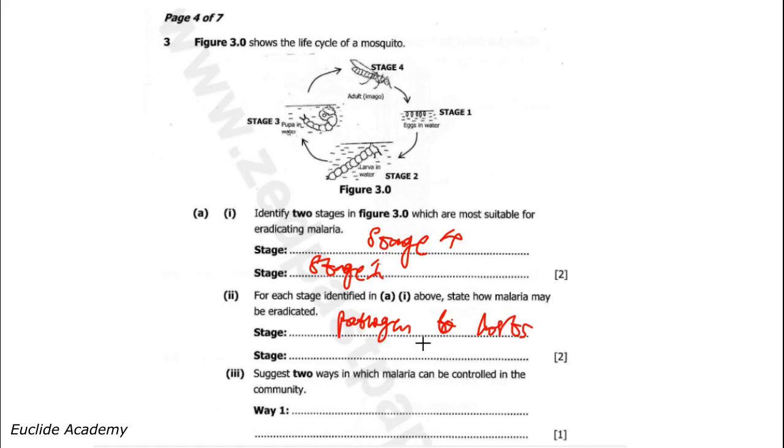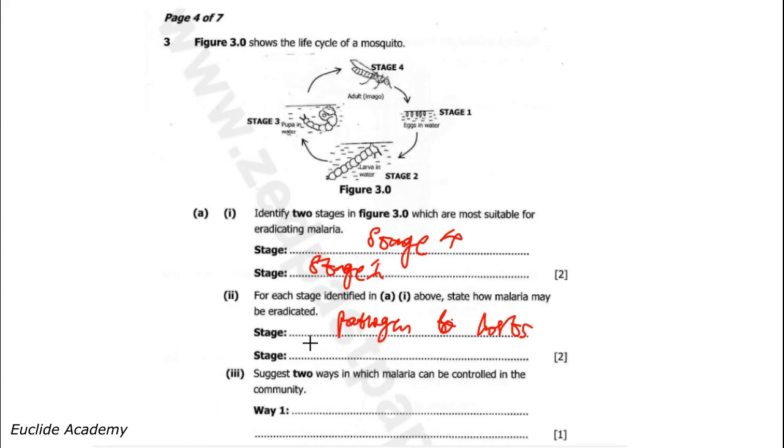So they prevent transmission of the pathogen to the host by using insecticide treated nets. So that is how malaria can be eradicated in stage 4.